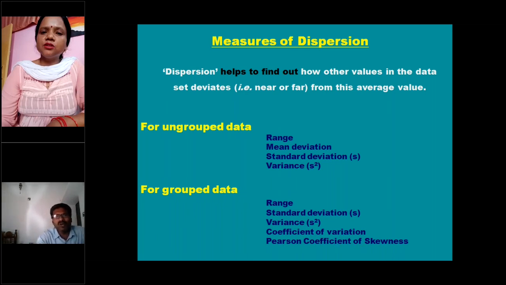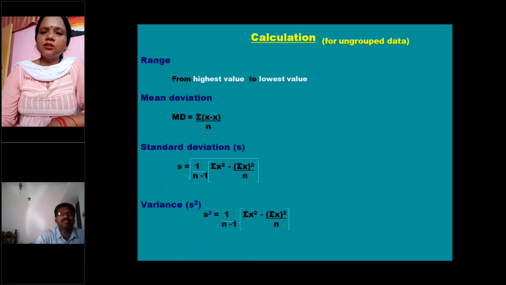It is very simple. All of these, except the range, namely mean deviation, standard deviation, variance, coefficient of variation, and Pearson coefficient of skewness, have a formula, and we fit the corresponding values into that formula. We can easily find out the result. As I said earlier, in our example, the highest value is 11 and the lowest value is 4.